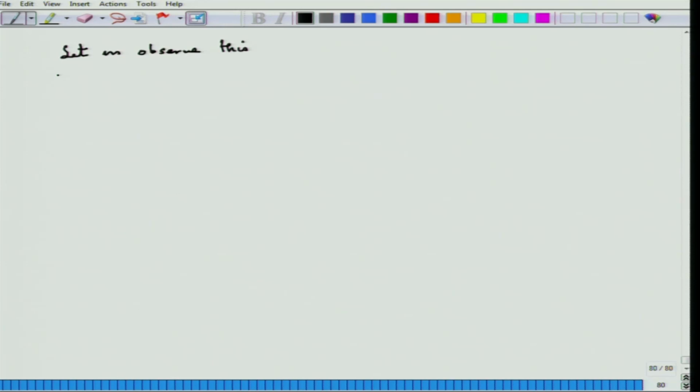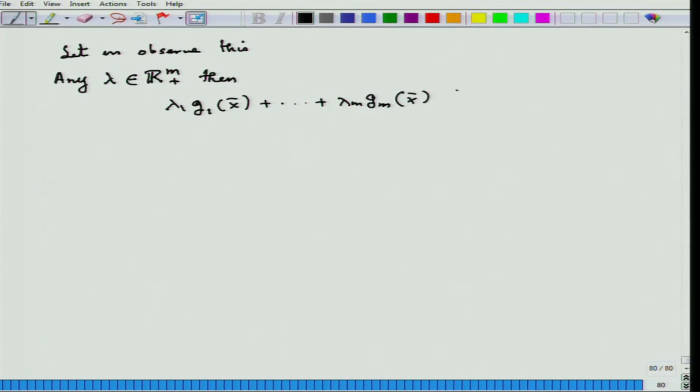Now, take any lambda in Rm plus, any lambda whatever you want, then lambda 1 g1 x bar plus up to lambda m gm x bar is less than or equal to 0, naturally, because lambda 1, lambda 2, up to lambda m are all greater than or equal to 0, and g1 x bar, up to gm x bar are all less than or equal to 0, because x bar is a solution.